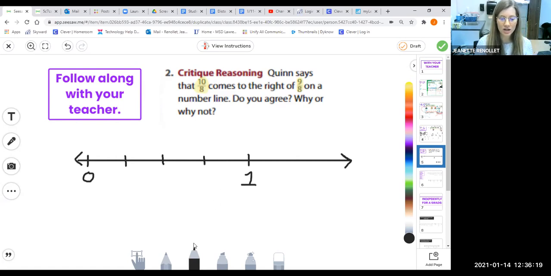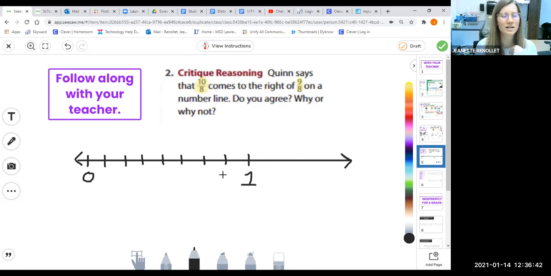I have partitioned my 1 whole into fourths. Now I can take the fourths and cut each fourth in half. Partition in half, partition in half, partition in half, partition in half.